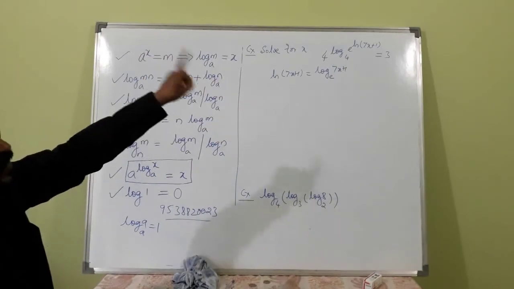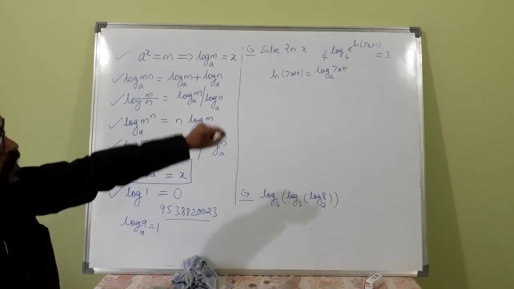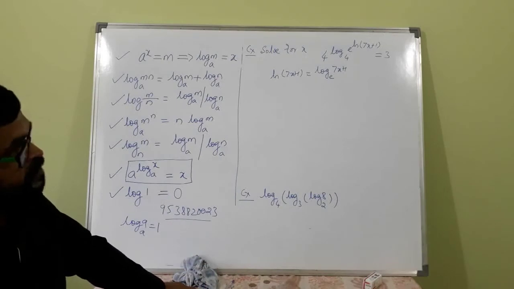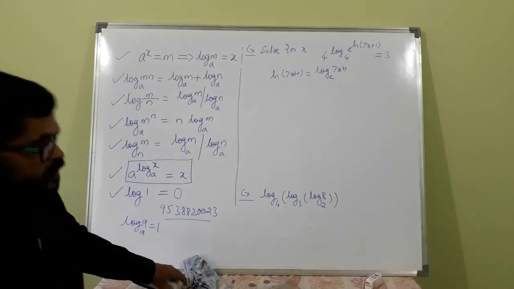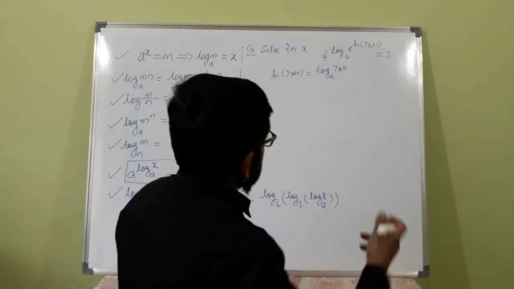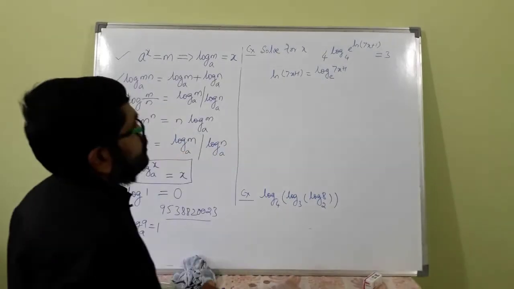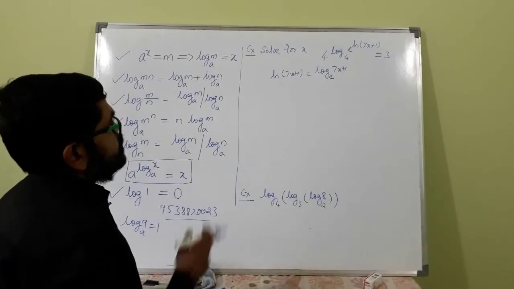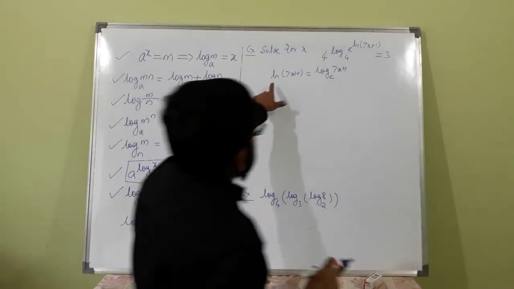And I told you in the first video that e is again an irrational number which lies between 2 and 3, 2.718 something. It goes on, non-recurring numbers. See, ln is this much.